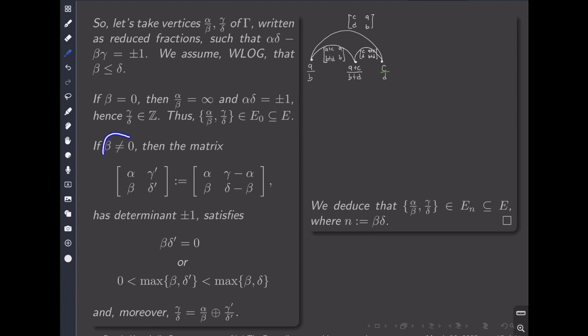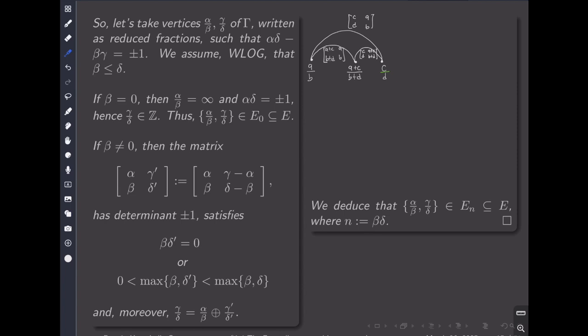So if beta is different from 0, since I'm assuming this, I subtract the smaller from the bigger. I take this one, which corresponds to the naive subtraction: gamma minus alpha, delta minus beta. So I'm actually applying naive subtraction.